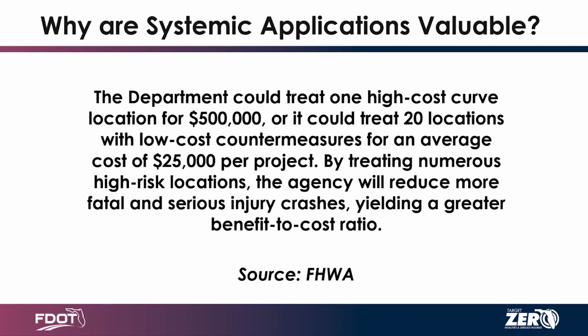One conversation I remember having with someone, we looked at our district. We looked at all signals with angle and left turn crashes and compared it to the protected and permissive phasing of the signals. We came up with a list of every intersection with permissive phasing, because our systemic countermeasure was going to be protected phasing.